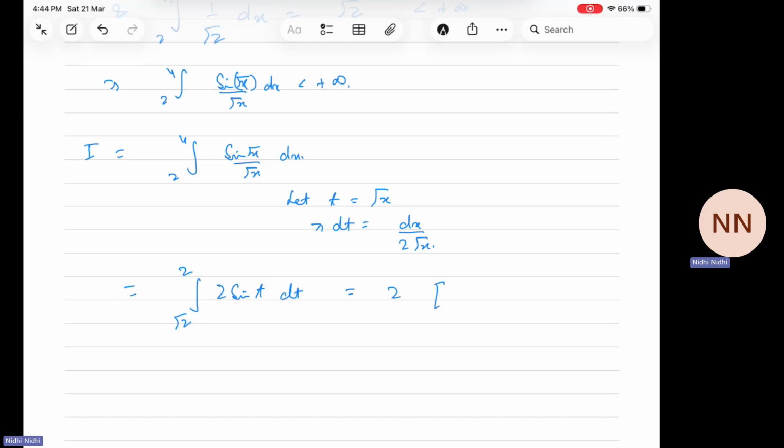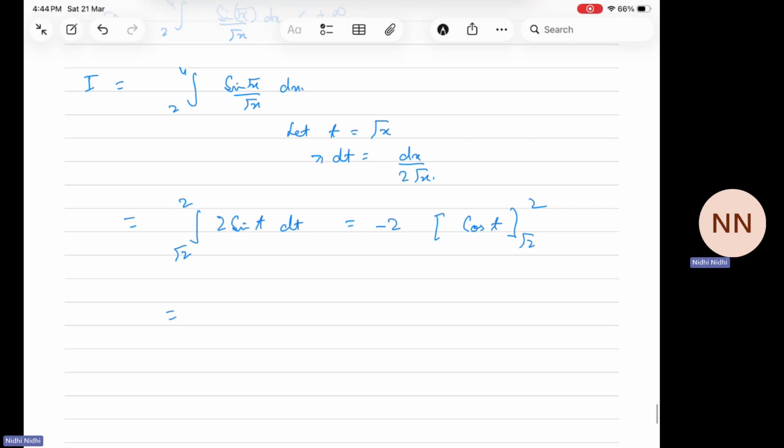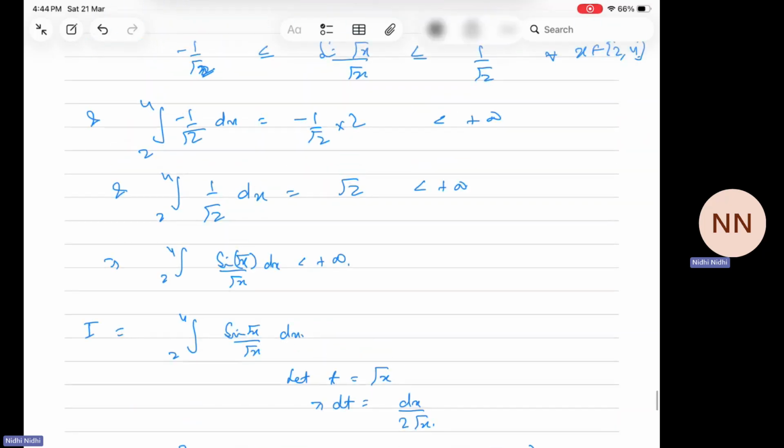And we know that the integral of sin t is minus cos t. So this will be 2 times [-cos t] from root 2 to 2, which is just 2 times (cos root 2 minus cos 2). That was our option number 2 times cos root 2 minus cos 2, which is option C. Therefore, option C is right.